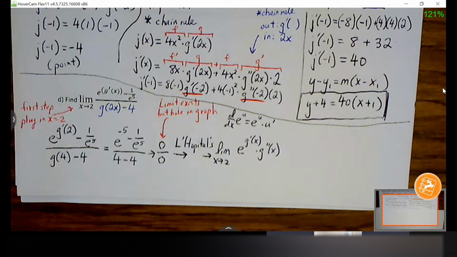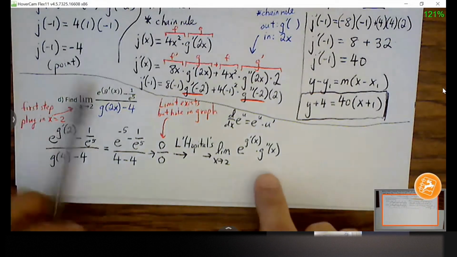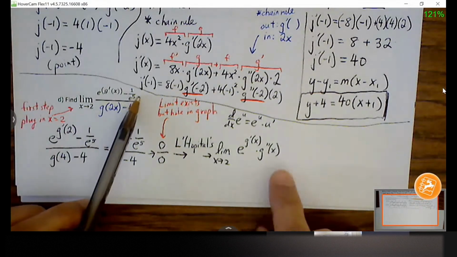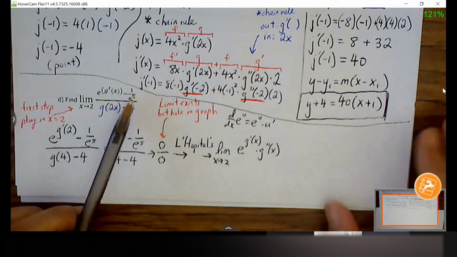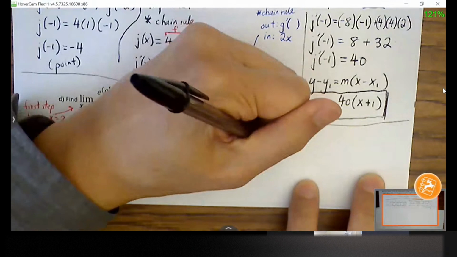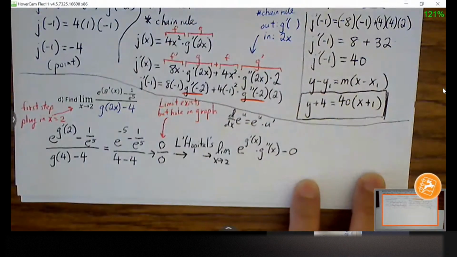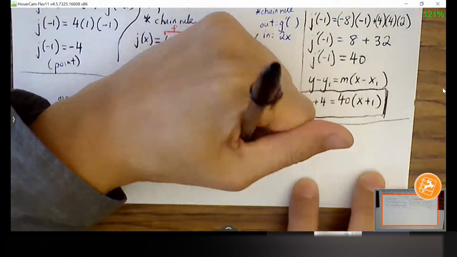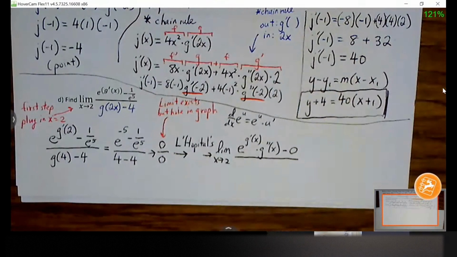E to the 5th times 0. You're right. You can push that e to the 5th out as 1 over e to the 5th times 1's derivative of 0. Or you can think of it as this whole thing being a constant, so it just goes away to 0. E is just a number. So we took care of the numerator's derivative, which we will evaluate later. What about the denominator?